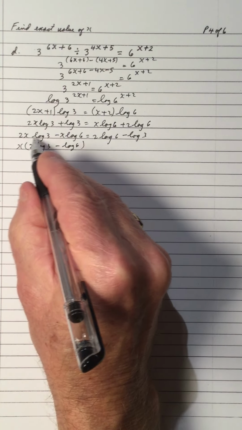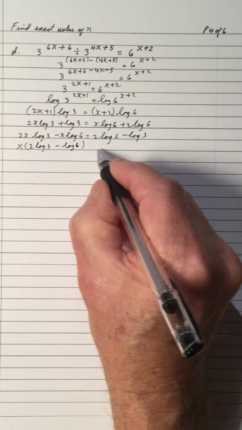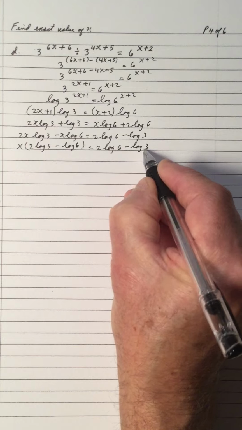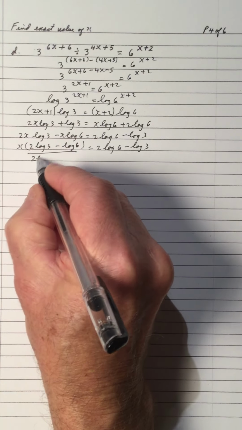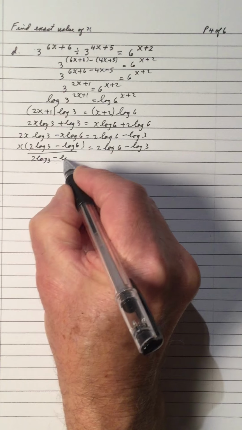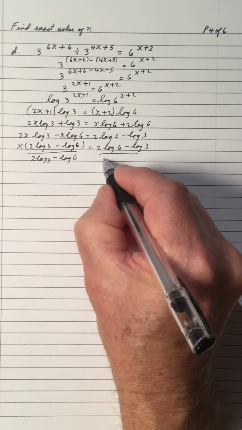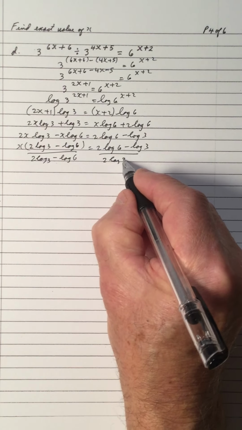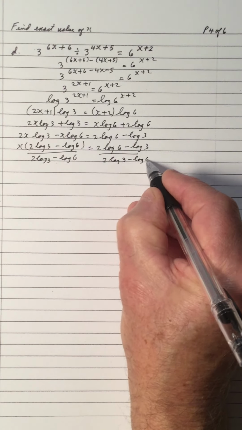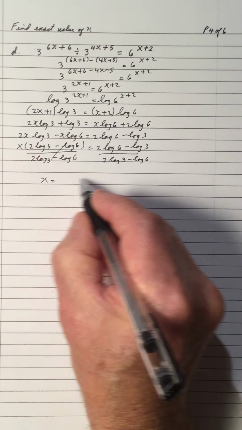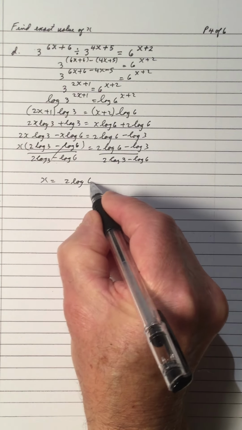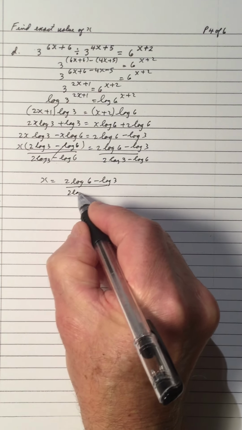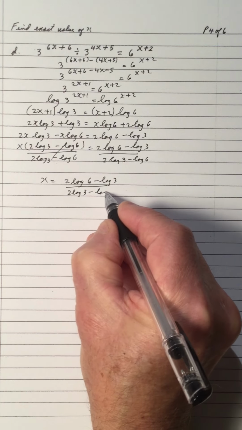You're dividing x into the two of these, and this gives us 2 log 6 minus log 3, and we divide by 2 log 3 minus log 6 on each side. 2 log 3 minus log 6, they cancel, so x is equal to (2 log 6 minus log 3) over (2 log 3 minus log 6).